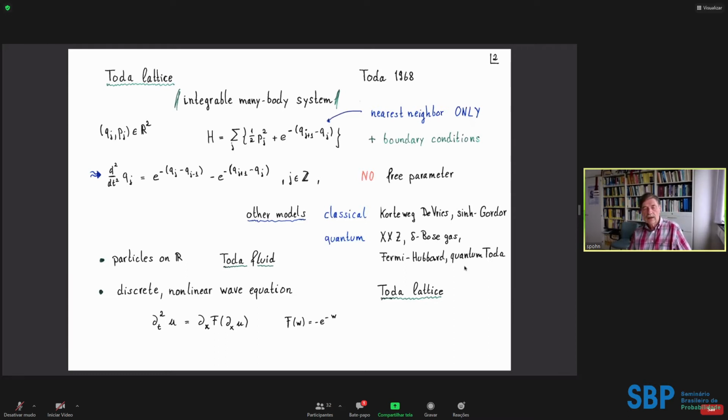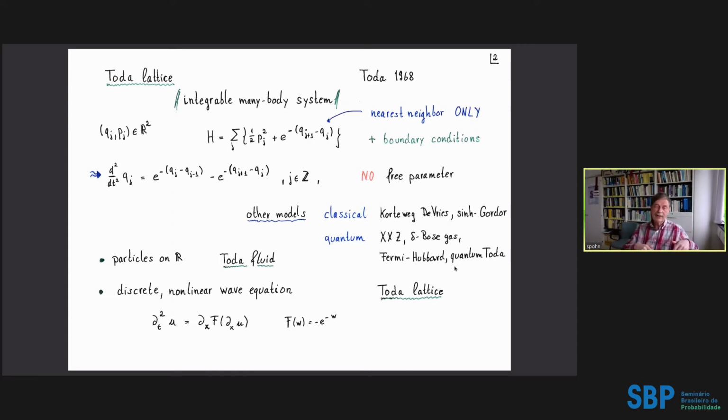So that's a huge activity, and much of what I'm telling you is motivated by many people working in the quantum corner. But for the purpose of the talk, my experience is that it would be extremely confusing if I would add any other model except for the Toda lattice, because I try to understand this one model.